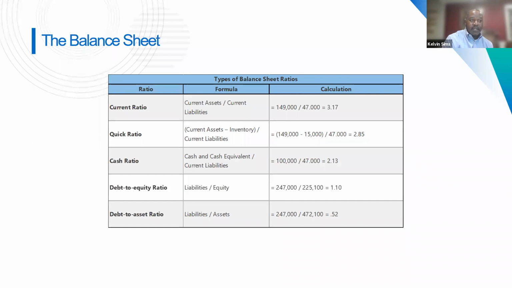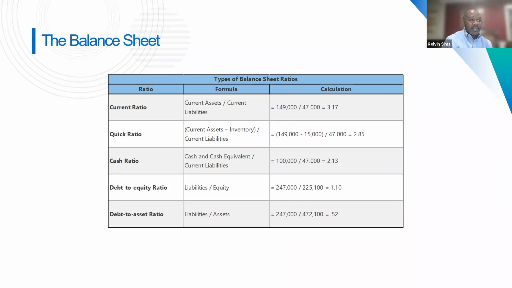Higher than 100%, that is a good ratio because if something happens, I sell my assets to pay my liabilities, and I will have a little bit over 3 times as much as I owe.